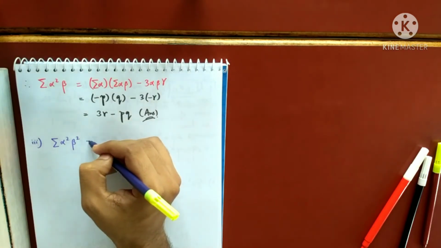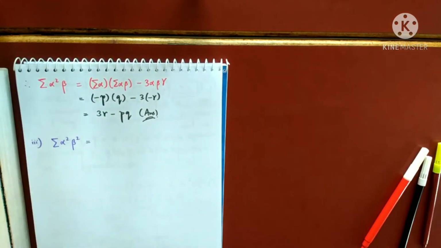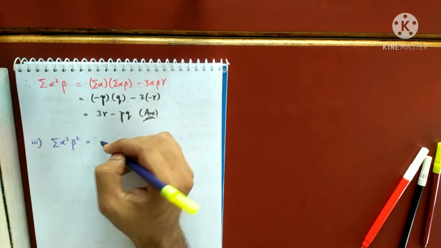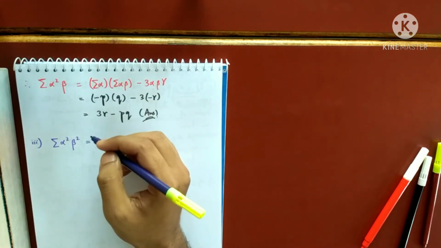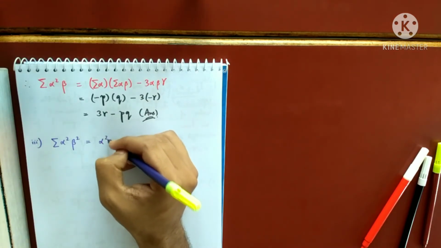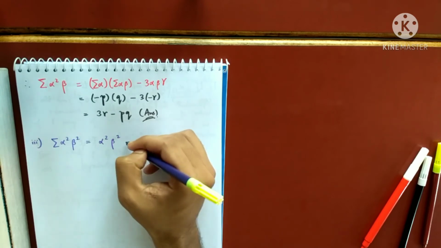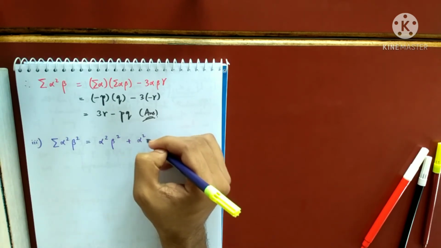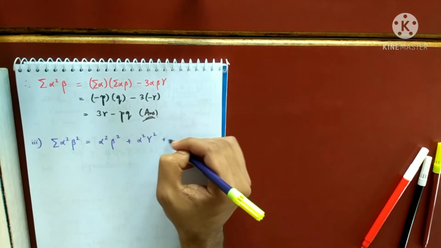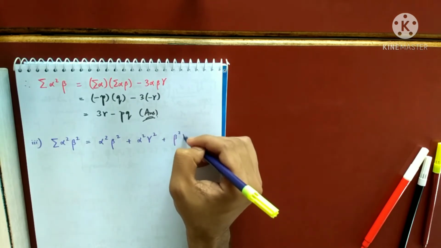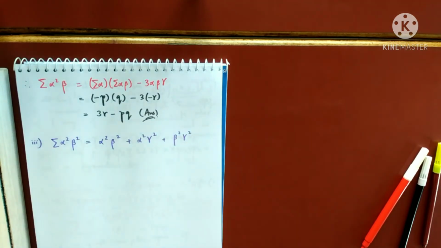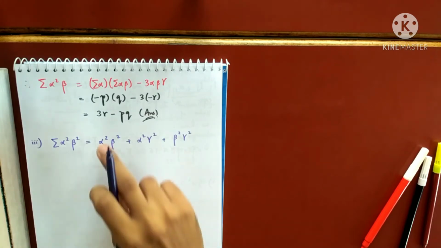Now again, what is the meaning of summation alpha square beta square? You have to write all possible pairs. So this will become alpha square beta square plus alpha square gamma square plus beta square gamma square. No other terms will be there, because if I write beta square alpha square, it is already written here.